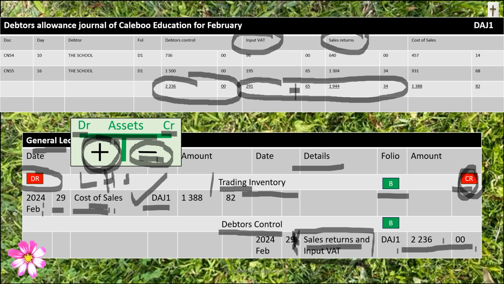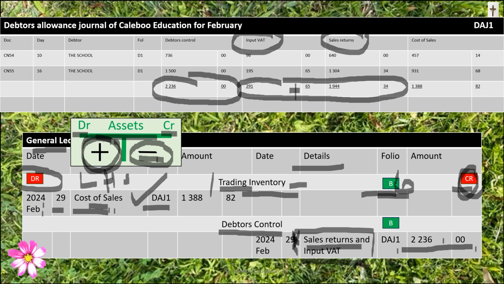And remember, the B stands for balance sheet, and trading inventory would have a folio. I think it was maybe B6 in our books. If you had the books in front of you, you could go check what the folio was on the trial balance, as in my previous lessons on journals. So there we go.